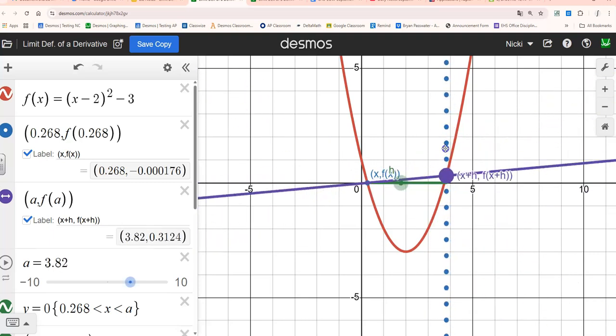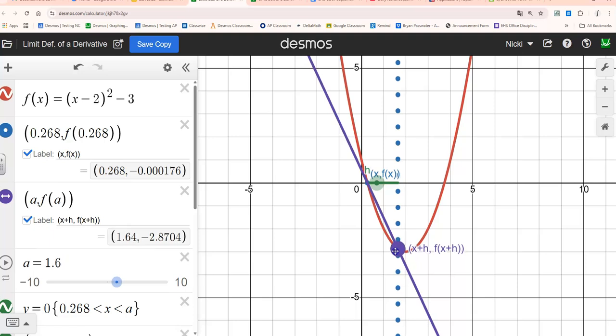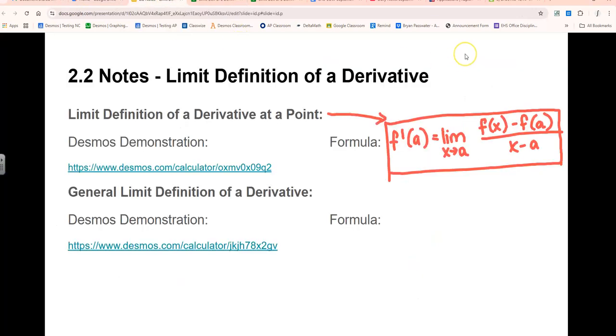So let's think about these 2 points here. I'm trying to get the h out of the way. So my 2 points are x, f of x, and x plus h, f of x plus h. So if I do a slope formula for those, let me turn the pen back on here.